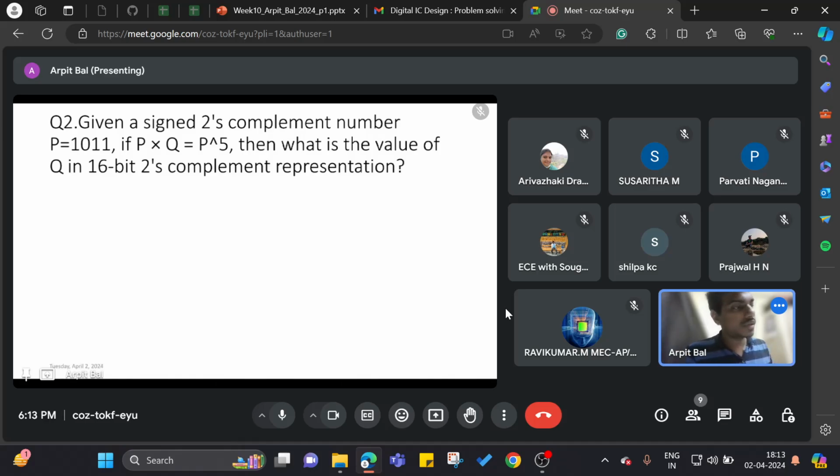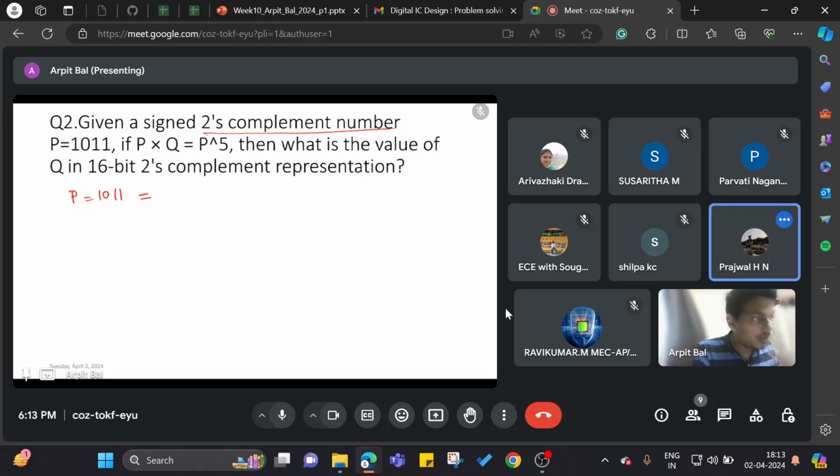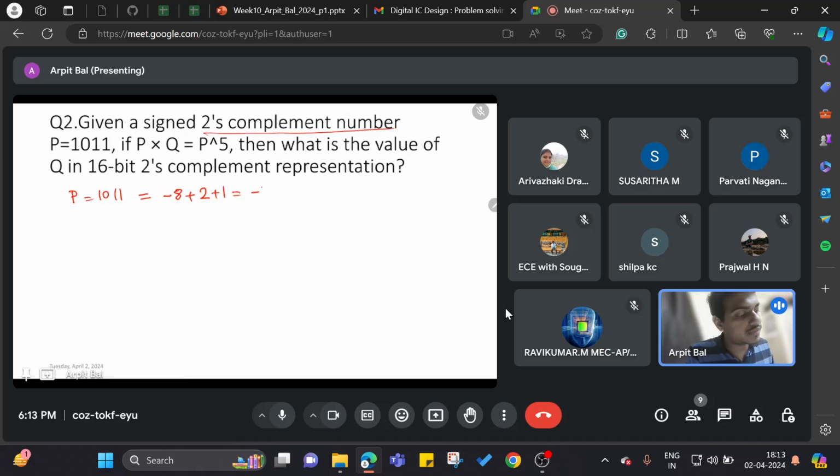So we are given p equals 1011. So what will be its value? And it's a 2's complement number. -5. Okay, yeah. This is -8 plus 2 plus 1, that is -5.